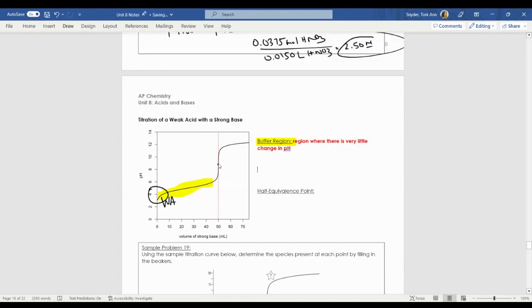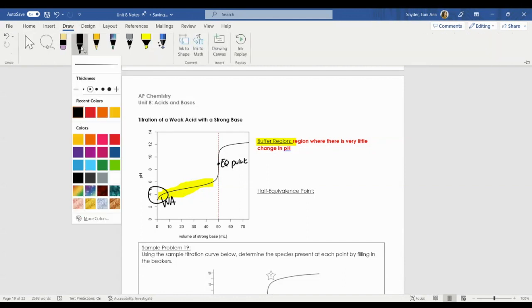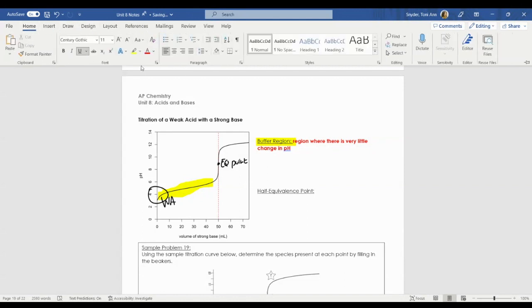So we're going to look here. Here's our equivalence point. And you'll see that the pH is actually higher than 7 at the equivalence point, which is interesting. However, with weak acids in a titration, we can also consider the half equivalence point. And your half equivalence point is going to be in the middle of the buffer region.